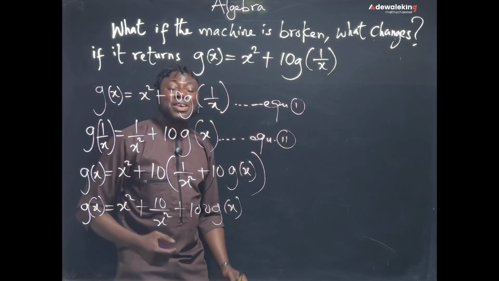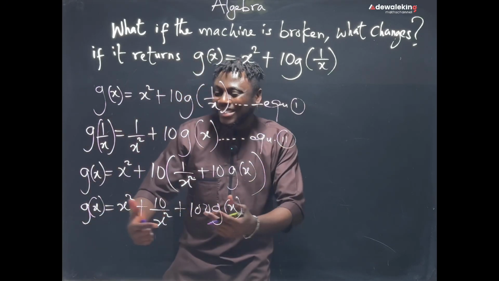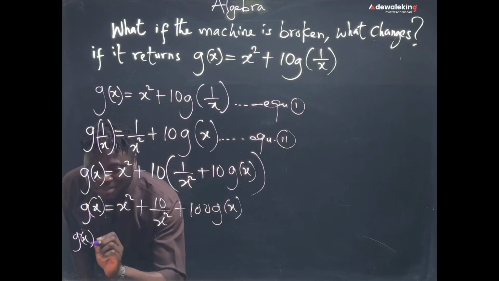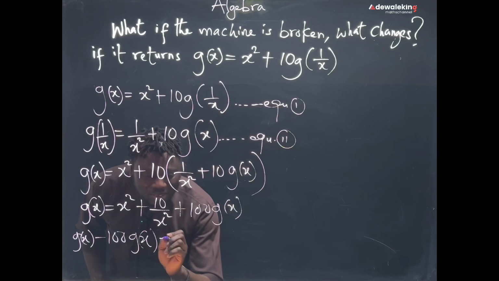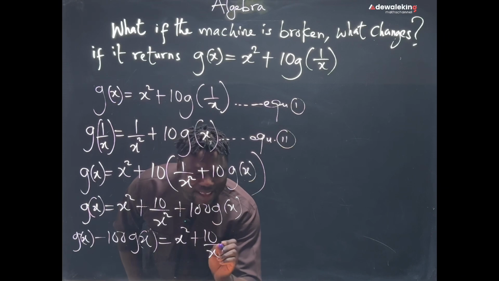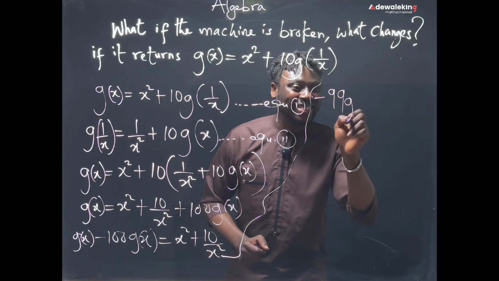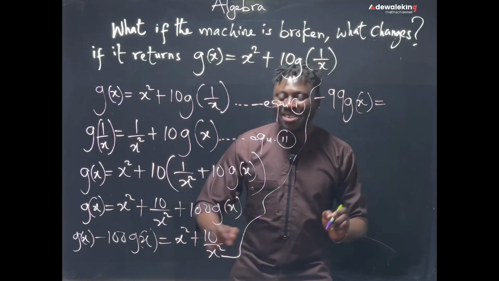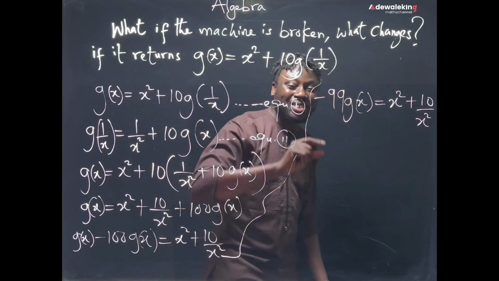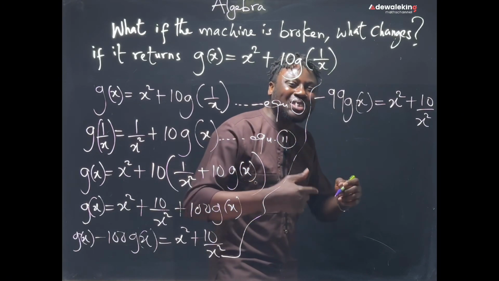With this, we can find our g of x by collecting all the g of x terms in this equation. From here, g of x minus 100g of x is equal to x squared plus 10 over x squared. This gives us minus 99g of x, which is equal to x squared plus 10 over x squared. This is a simplified function, and we can simplify further by finding the value for g of x.